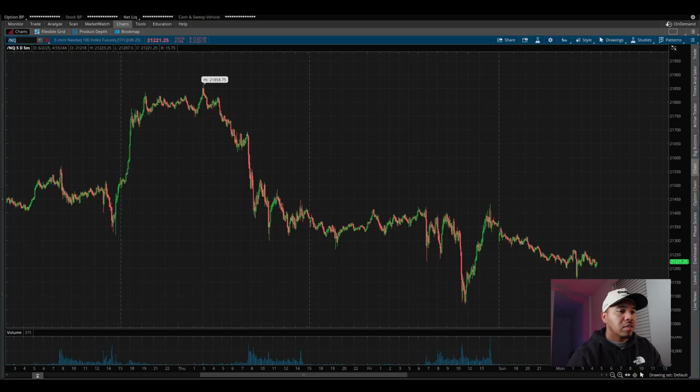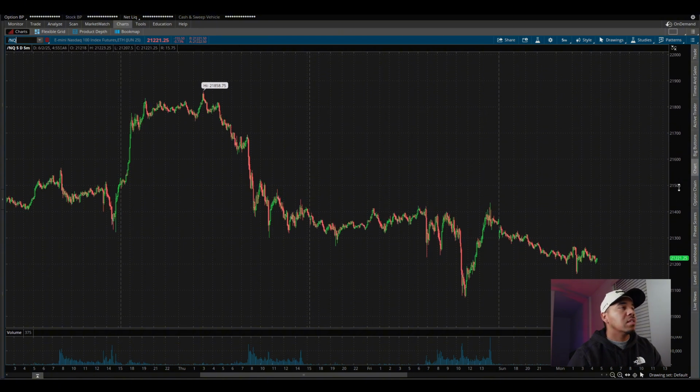All right, so first thing is first, what we want to do is look at NQ. So NQ is the NASDAQ. This is going to give us an understanding of what is happening in the market. The NASDAQ is pretty much, you've got Apple, Google, Tesla, all these companies inside of the NASDAQ.